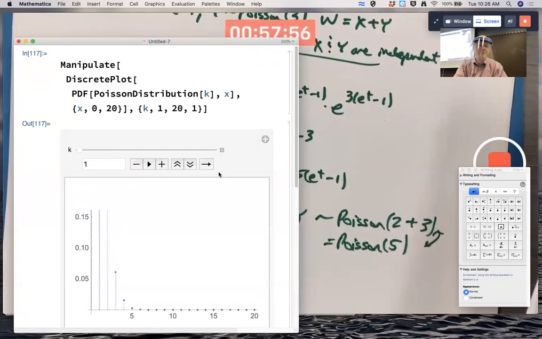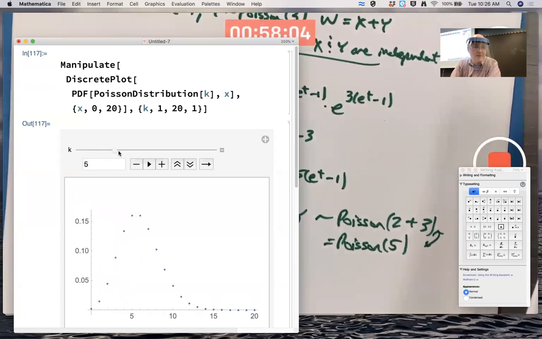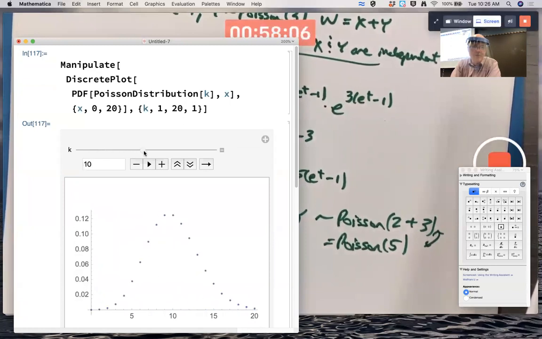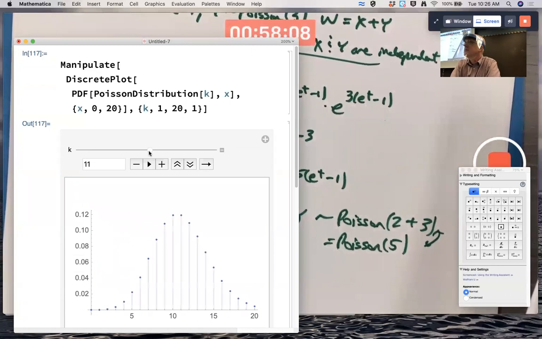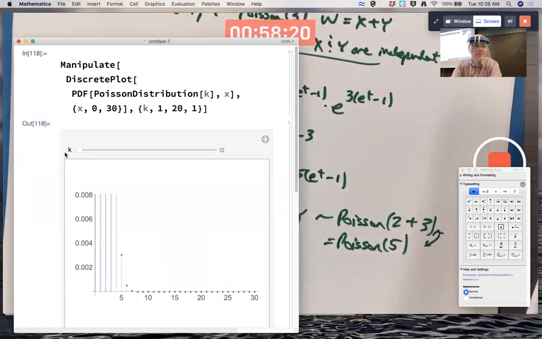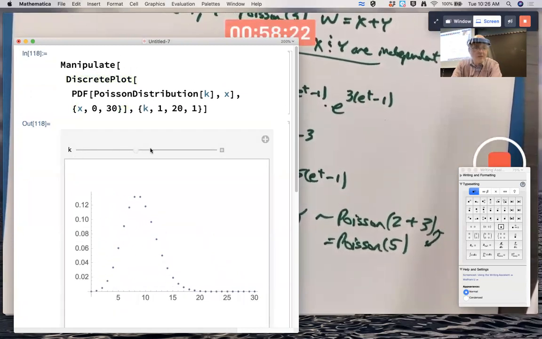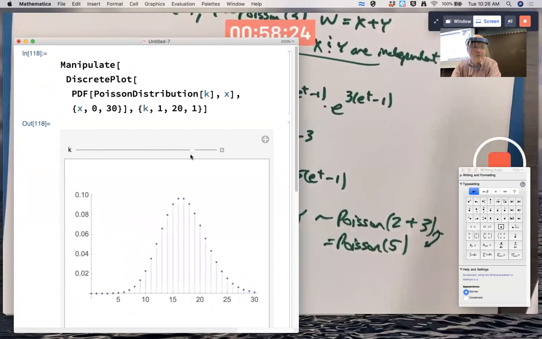So there's the PMF of a Poisson when k is 1. As k increases, yeah, it's a discrete distribution, but the graph is looking more like a bell-shaped curve.